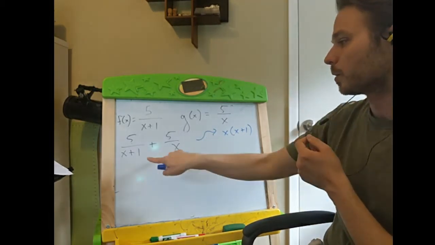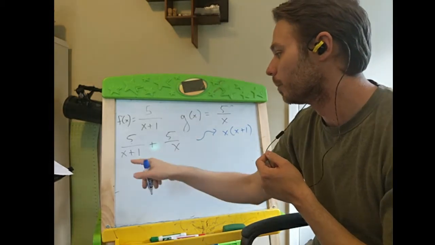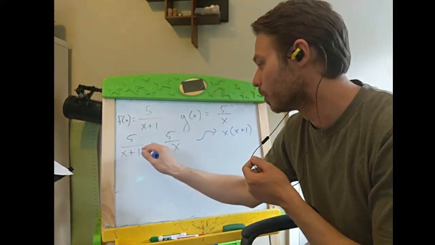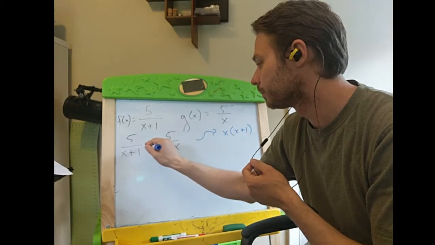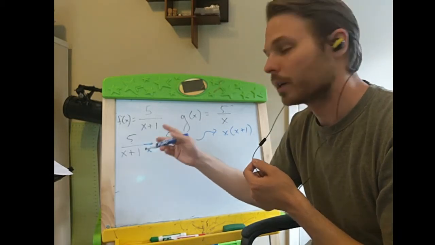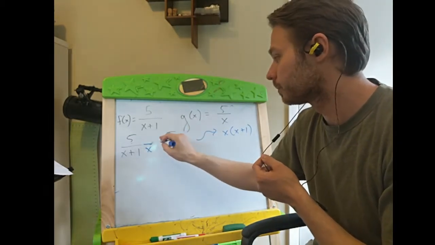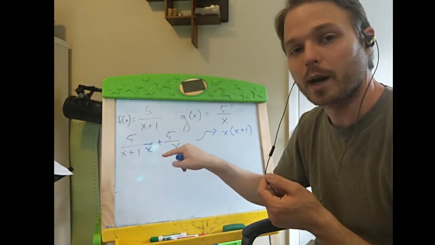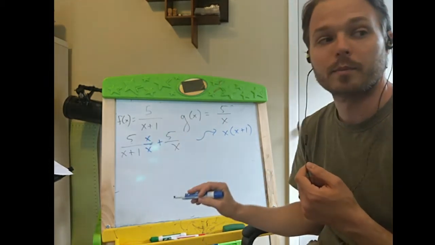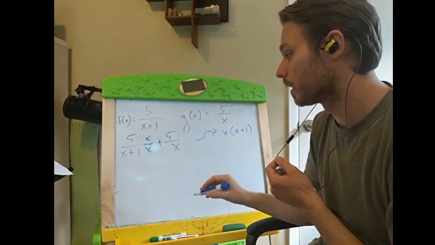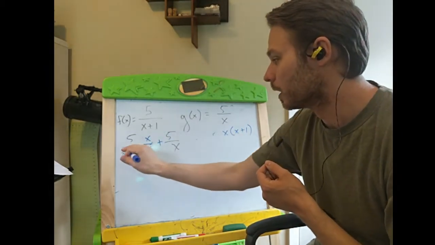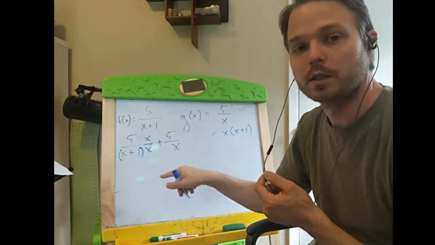So what we can do is literally just multiply these together. Well, how are we going to change the fraction? You want to multiply this one by x. But remember, with fractions, anytime you multiply the bottom by something, you have to also multiply the top by the same thing. So I also have to multiply the top times x. So this is going to get me x plus 1 times x in this denominator.